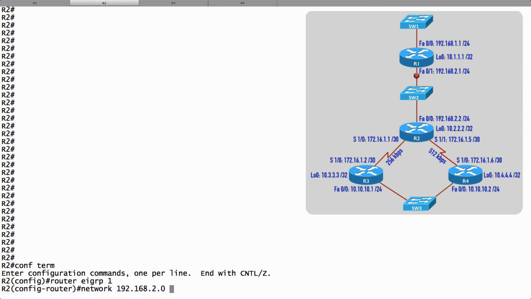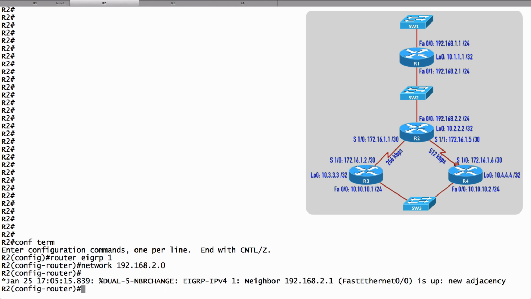If we don't give a mask, then EIGRP is going to assume that we're using the classful mask. Since this network begins with 192 in the first octet, it's a Class C network, and the classful mask is a 24-bit mask, so it's automatically going to assume a wildcard mask of 0.0.0.255, so we really don't need to enter it in this case. And notice that we just formed a neighborship with router R1.